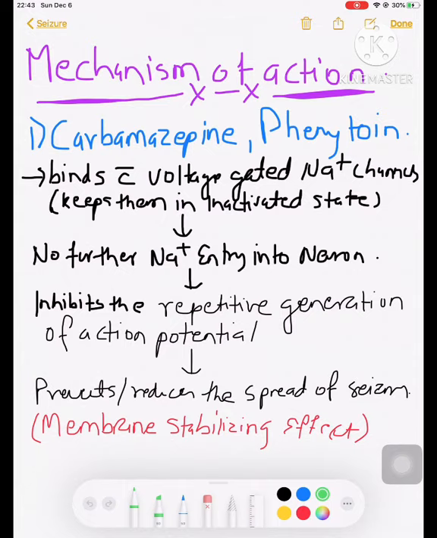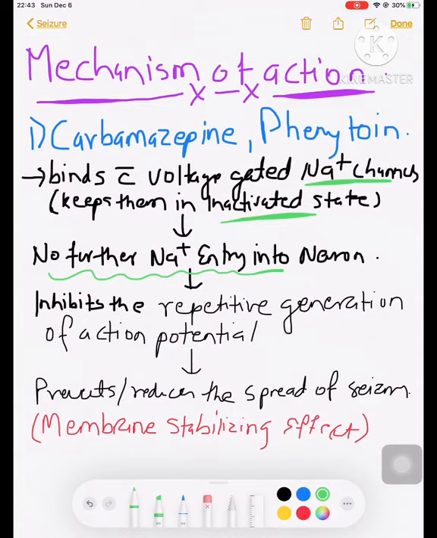They are the resting state, activated state, and inactivated state. Remember that only in the activated state is the entry of sodium ions permitted. So these drugs keep the sodium channels in the inactivated state, which means no further sodium entry can occur inside the neuron.